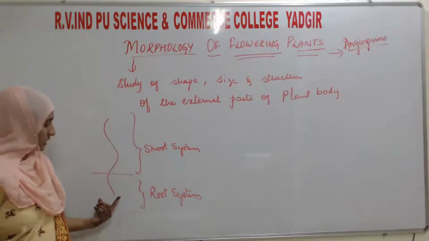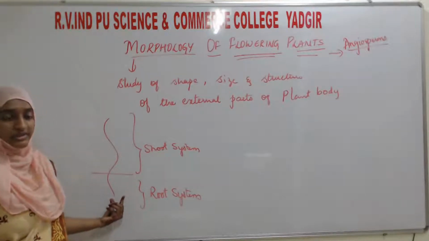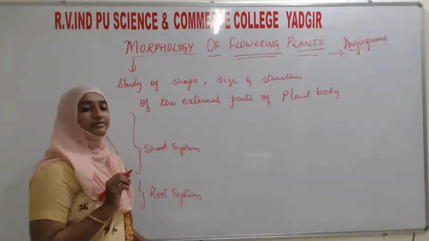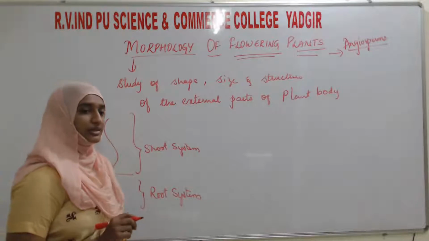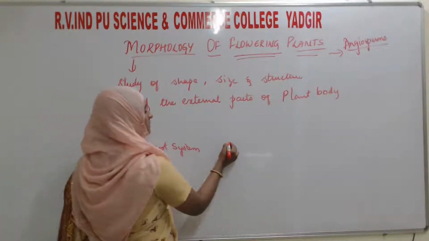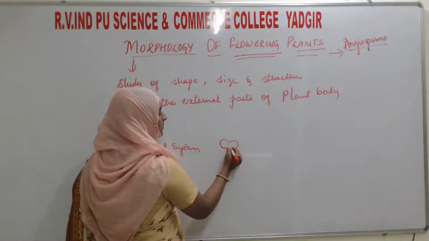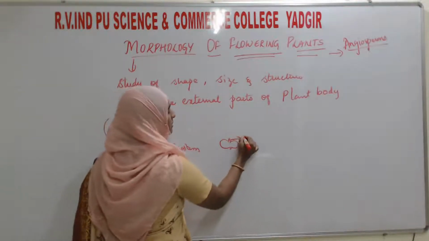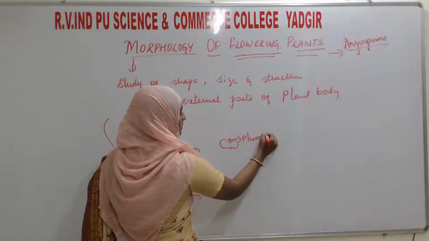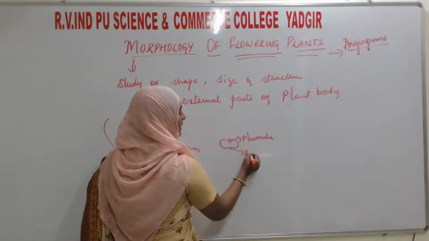Flowering plants bear seeds. What do they bear? They bear the seeds. When the seed germinates, there will be one small radical and one small plumule. This is the plumule and this is the radical.